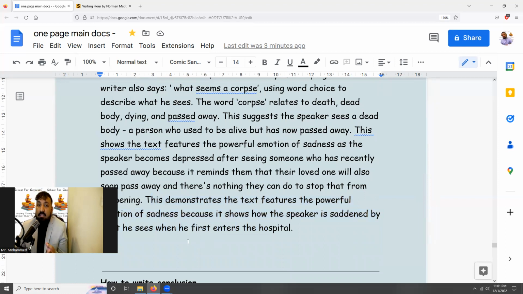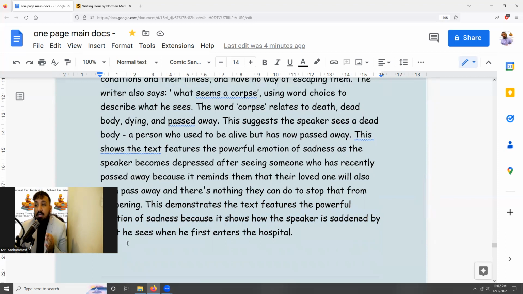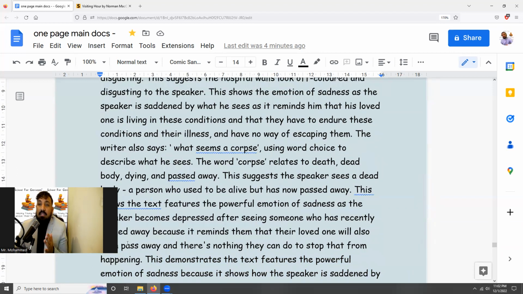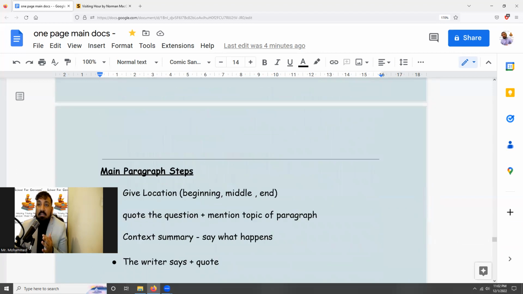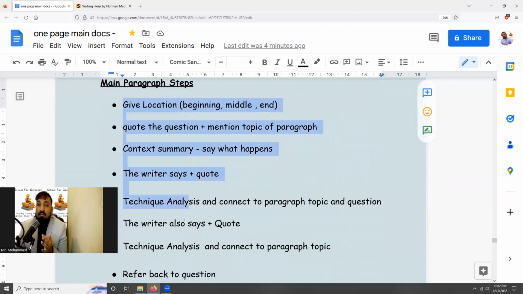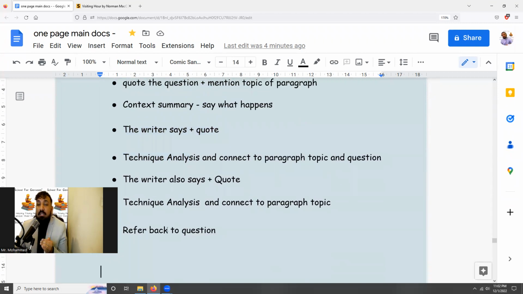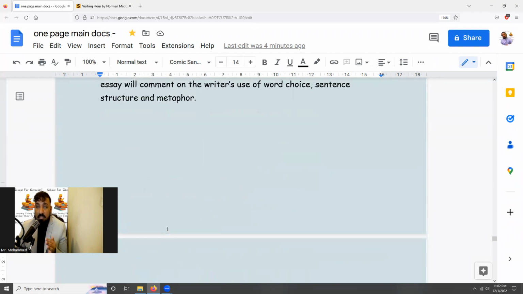Very, very clear, very, very logical, very focused, directed at the question. All of this coming from just very, very simply answering or filling out each of these lines. So now what you need to do, okay, is you need to go ahead and do the same thing for your own text.